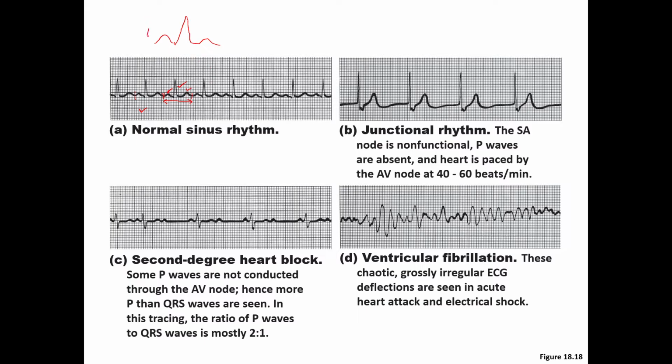This first one is called the P wave, and then this one is called the QRS complex, the big one. And then this one is the T wave.